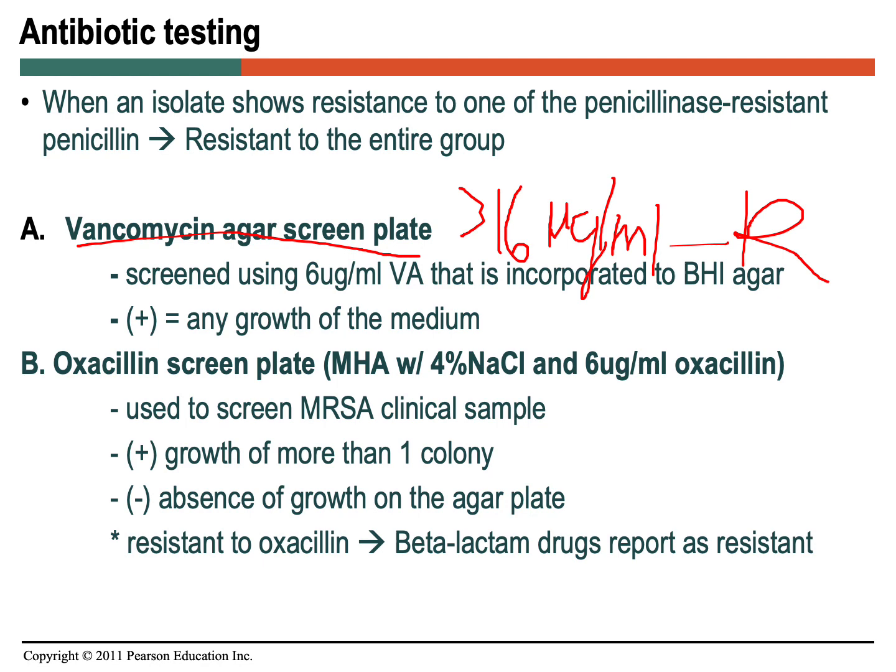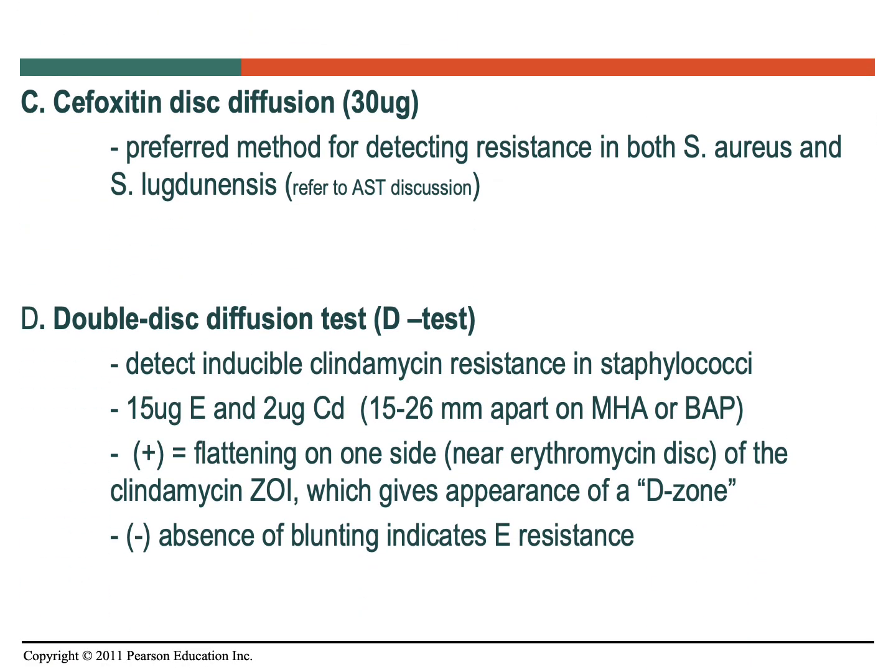Oxacillin screen is used to screen for MRSA in clinical samples. Okay? So, positive, growth of more than one colony. Negative, absence of growth. So, you have also cefoxitin disc diffusion, which is the preferred method for detecting resistance in both S. aureus and S. lugdunensis. Because, again, S. aureus and S. lugdunensis are coagulase positive organisms.